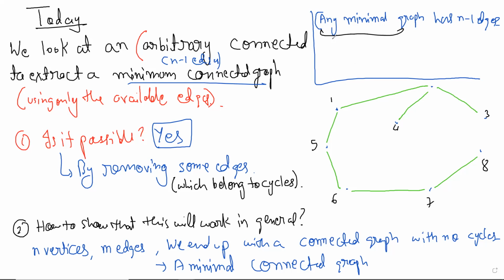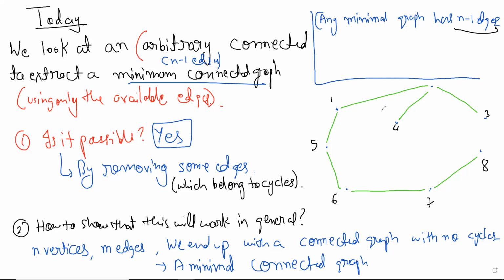Initially you have n pieces, and when you add an edge, you get n minus 1 pieces, you add another edge, you get n minus 2 pieces, and so you get one piece in exactly n minus 1 steps, no matter how you do it. That was the way we proved it: any maximal graph with no cycles has n minus 1 edges. That's the same as a minimal connected graph, and so that's what you will get. There is this chain of arguments which you have to sit and think about, one by one, take an example and do it.